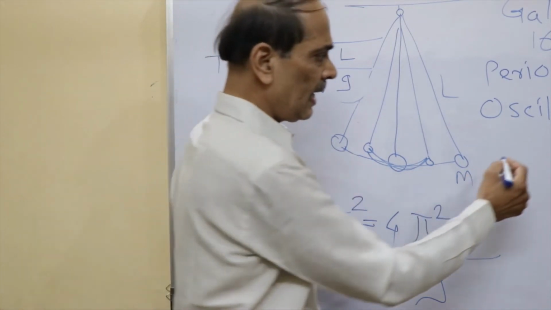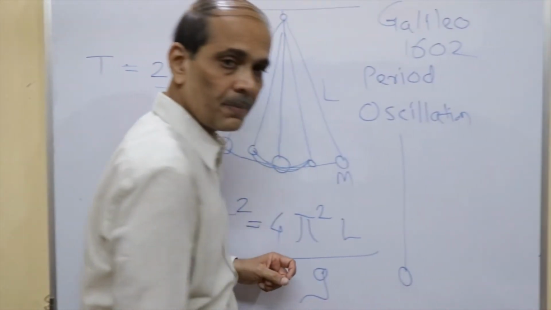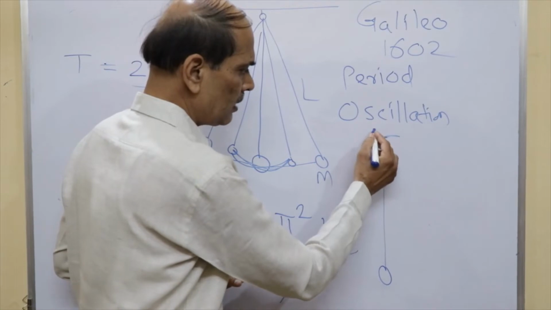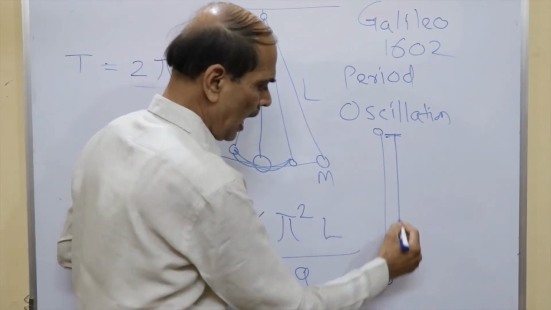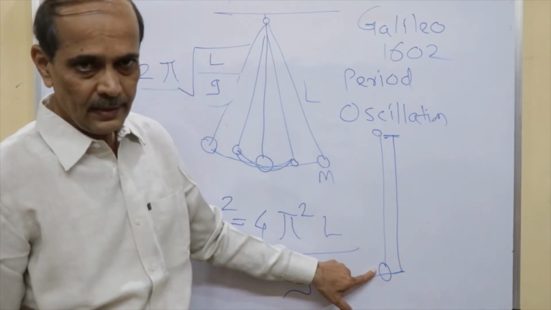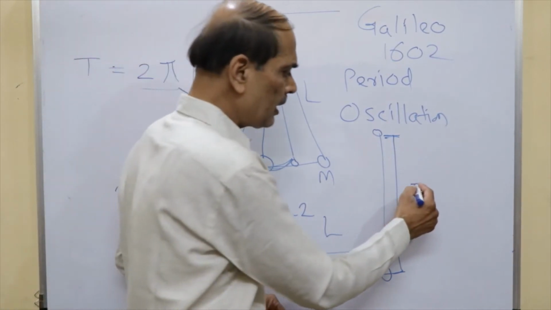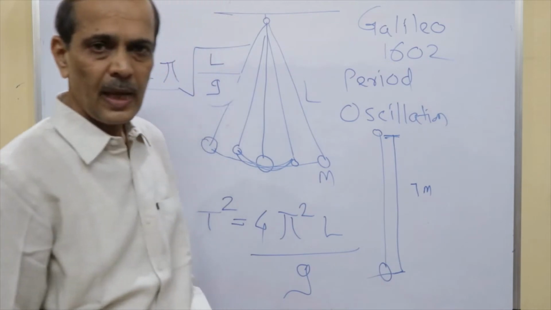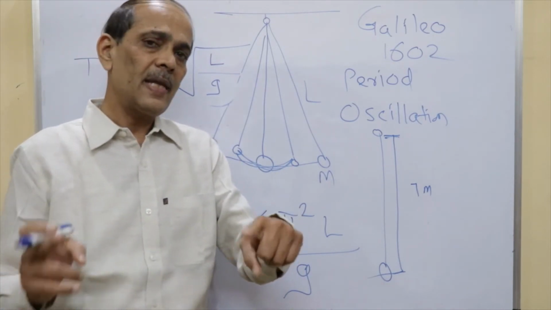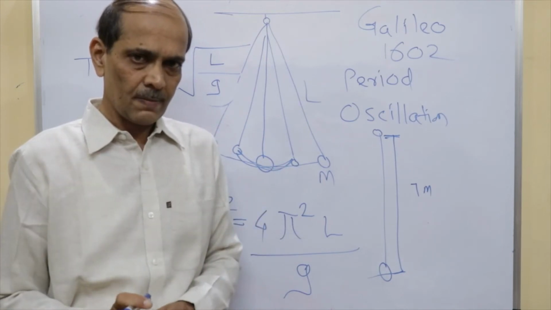If I take length of pendulum, if this is a pendulum, if I take length of this pendulum starting from its pivotal point and up to the midpoint of this bob, that's the length. If I take 1 meter length, exact 1 meter length, then the time period will be exact 2 seconds.